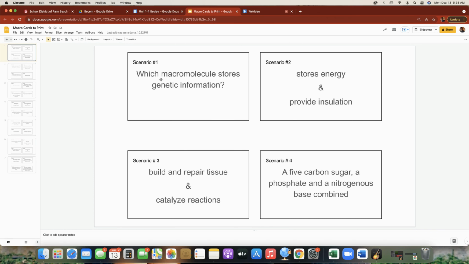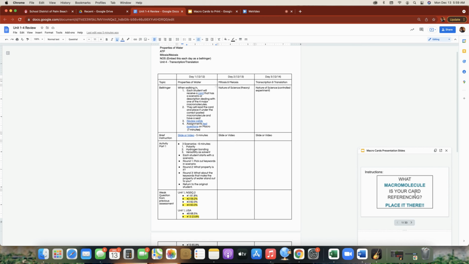The only thing I don't have that you would need is a spot in your classroom where the kids will deposit each of these cards, and they will be named for the different macromolecules, so protein and all of that. So you'll give them a place to put each of them. They'll get their card when they come in, read the card, decide what macromolecule this card is talking about, and place it there. You would click on the review card here and present.